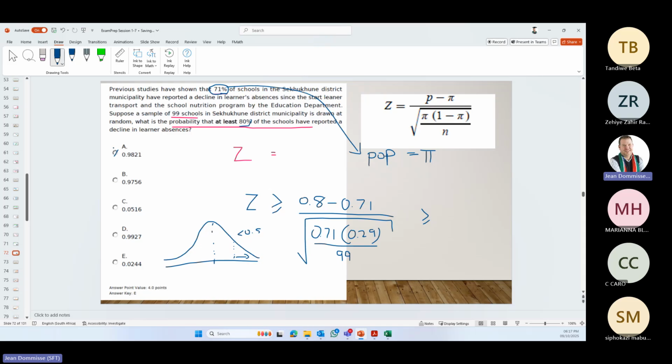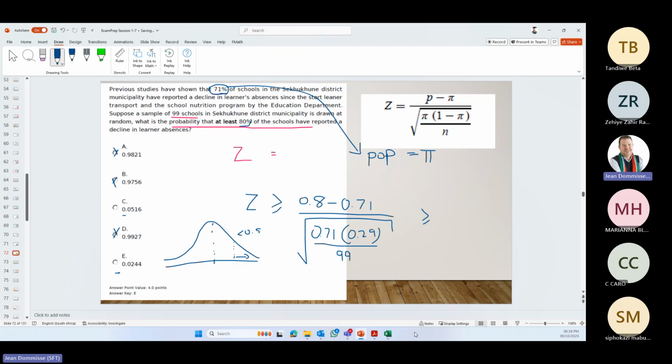So not A, not B, maybe C, not D, maybe E. Okay, so at least just by looking at this, I have eliminated three options. We haven't done anything further yet, but three options are gone.